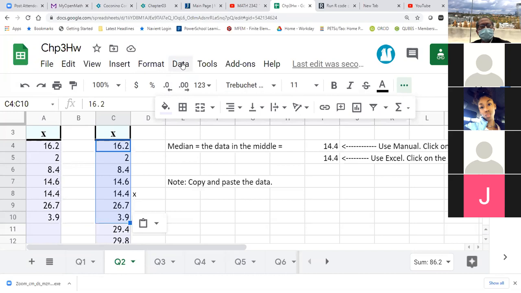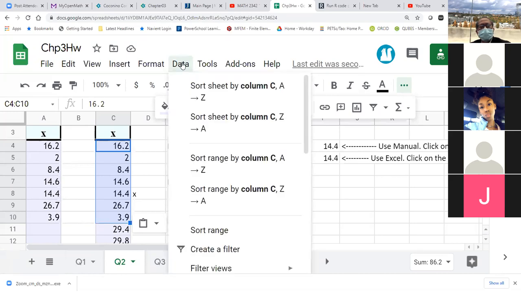Oh, you have to put the data here. Okay. Data, and then you need to sort sheet by column C, I think, right? By column C. Okay. Let me see.